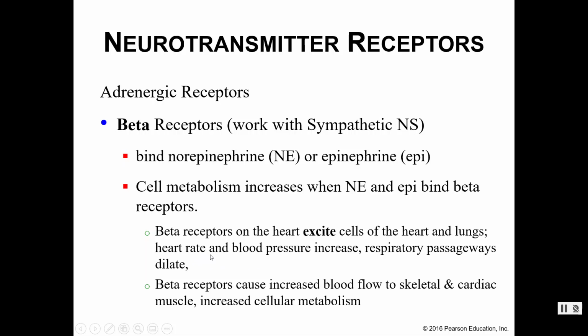This will increase heart rate. It'll actually also increase your blood pressure. This will cause bronchodilation in your respiratory passageways. This causes increased blood flow to your muscles. If we can increase blood flow, we can get more oxygen and nutrients to your muscles, so this increases cellular metabolism.